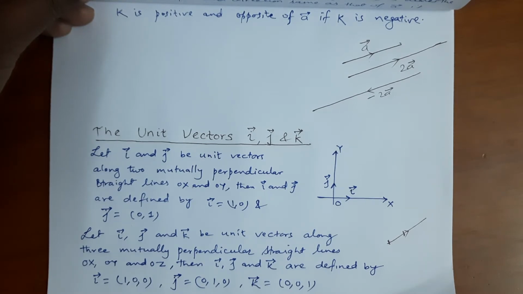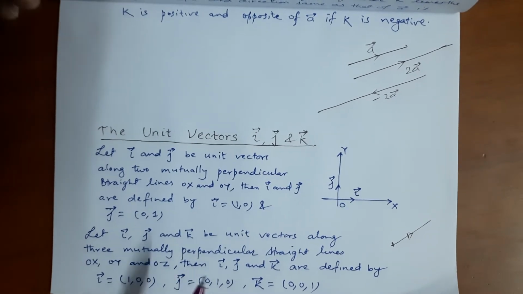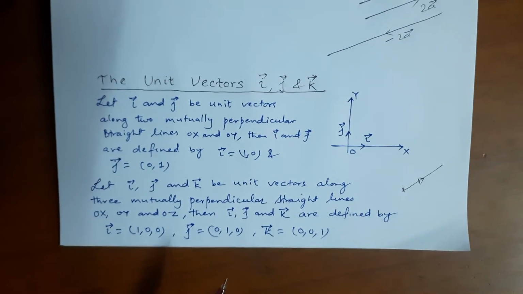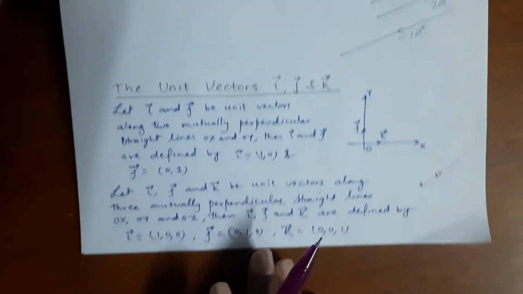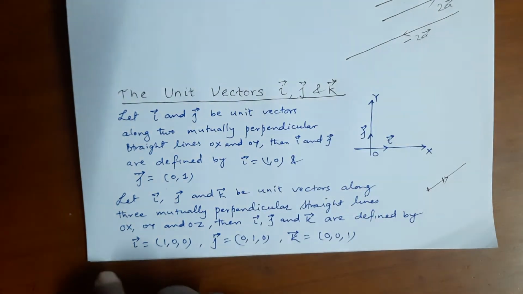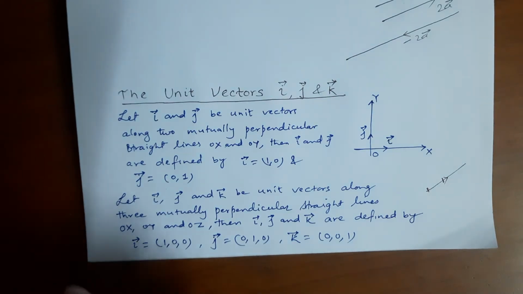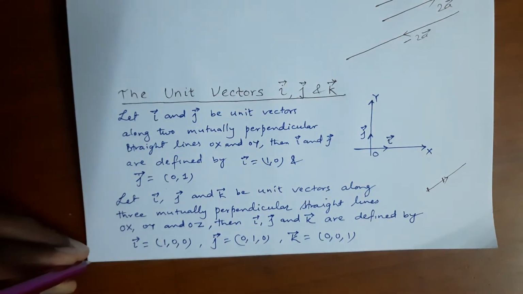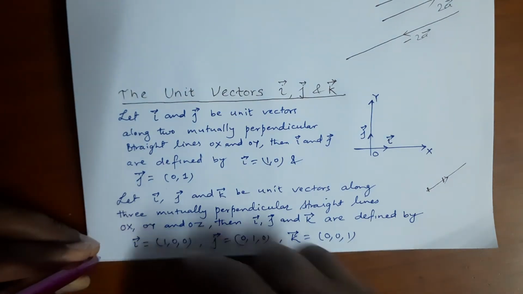If OX, OY and OZ are mutually perpendicular straight lines, they can be visualized in this way. We can take this edge as the x-axis, this edge as the y-axis, and this pen, which is vertical, as the z-axis.